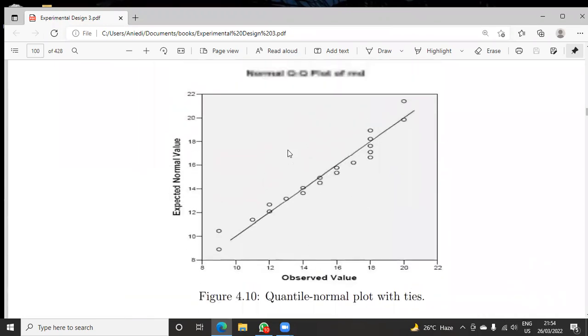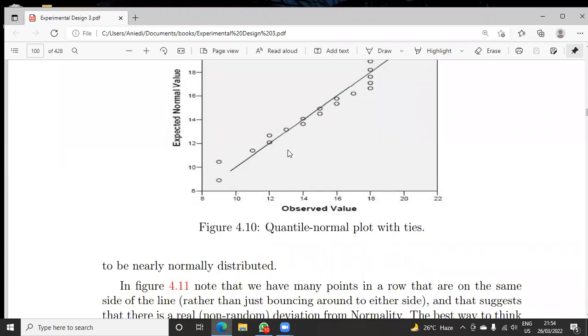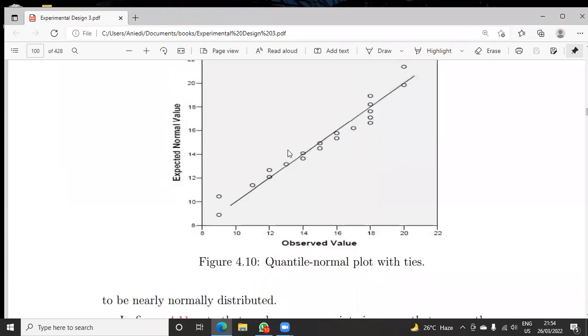This is a simple example of 2 different data. This is the expected normal value and what was observed. So the person is comparing the data to see if they have the same distribution.